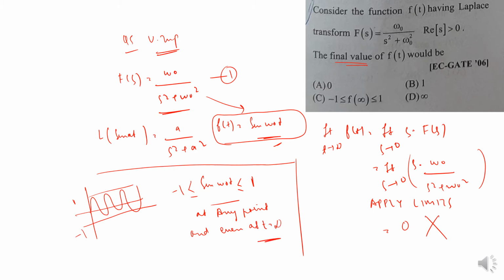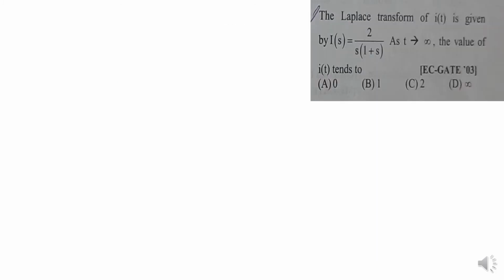So the answer to this question is C. A very important point is that the value of sin omega naught t always lies between minus 1 and 1. And one more thing, seeing this equation itself, you should understand that we are talking about sin omega naught t here. I hope this is understood.